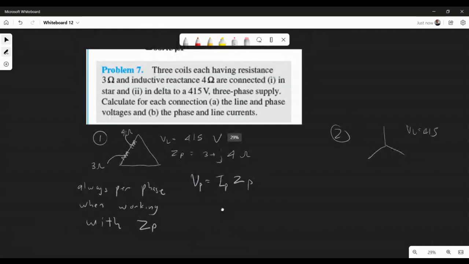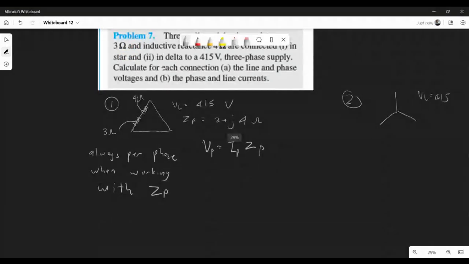I'm just going to do the first one. We know for a delta connection, your line voltage is equal to your phase voltage. Therefore, we can say 415 at 0 degrees. That's typically what we want to do. And our Z phase is going to be 3 plus j4. Luckily, it's given to us. Then we can find our current in our phase.